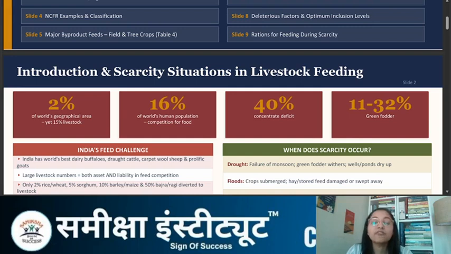And also we have only 2% of the land area globally, but we have a higher population of livestock as well as human beings. So there is a greater chance and greater occurrence of scarcity periods. We need to be prepared so that we prevent the losses which occur during scarcity periods.